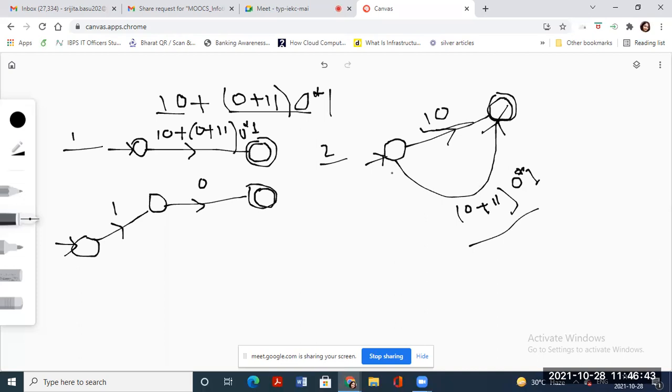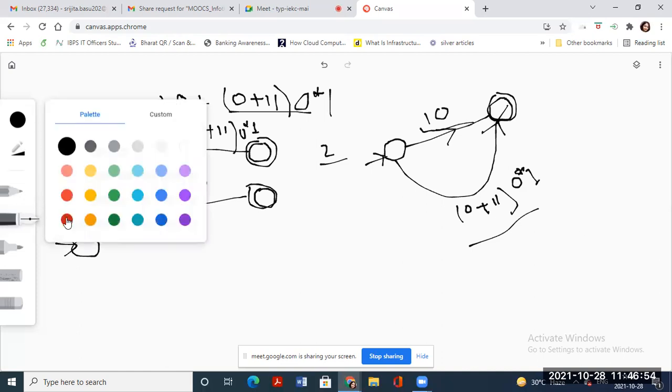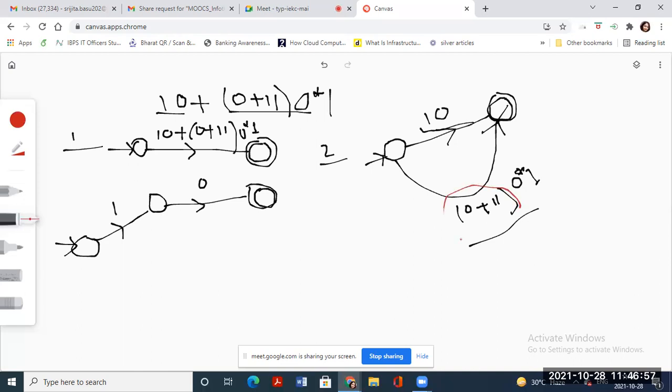Now we try to break the lower part. We can break it into two parts. What are those parts? One part is this one, and one is this one. So it's 10 plus 11 concatenated with 0*1. So we directly write 10 plus 11, and it's going to a state over which we have a self loop of 0.